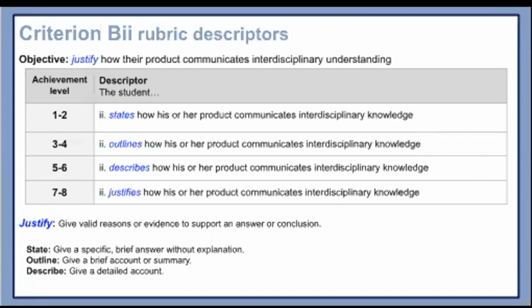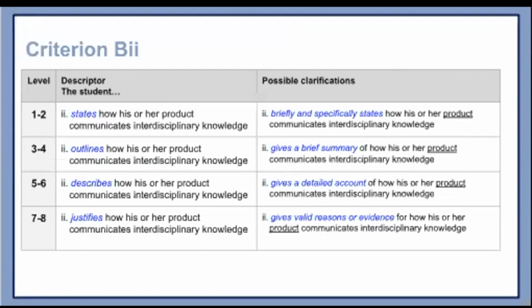Those other command terms, state, outline, describe, indicate the depth, thoroughness, and specificity with which the student tries to justify, right? They provide reasons or evidence for how their product communicates interdisciplinary understanding. So if the students need additional support for the differentiator terms, the definitions, again, could be included. And the word product or outcome could be made unit and task specific in the clarifications.